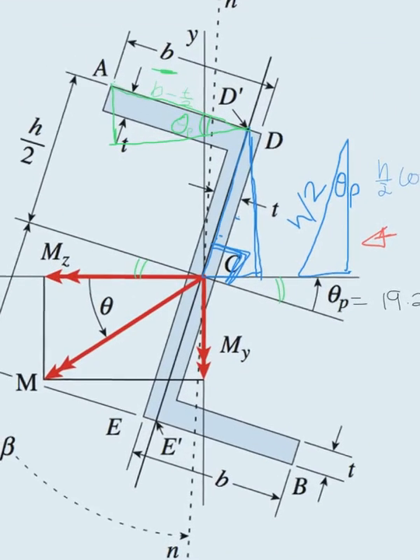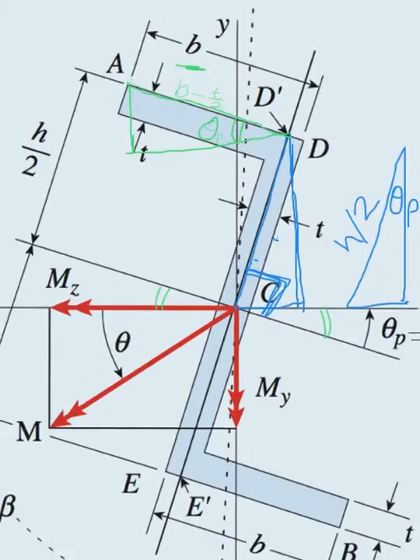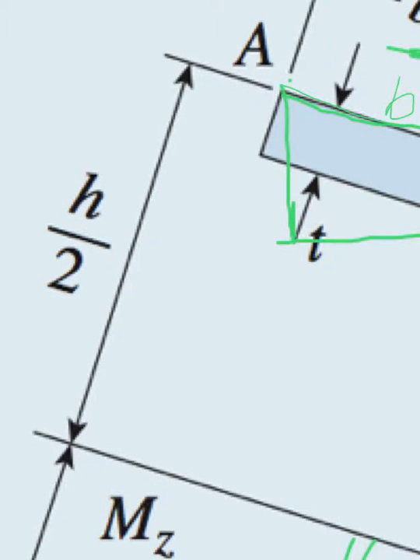Okay, so what does this mean? It means now for us to find that vertical part, we can just say that is equal to b minus t over 2 and the sine of theta p.